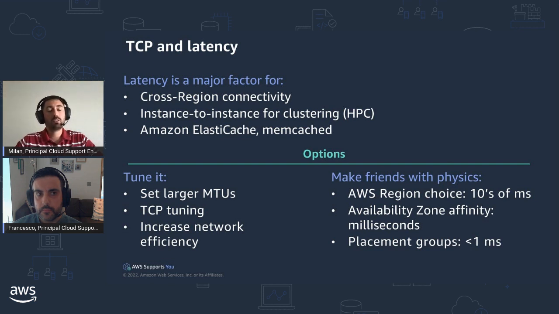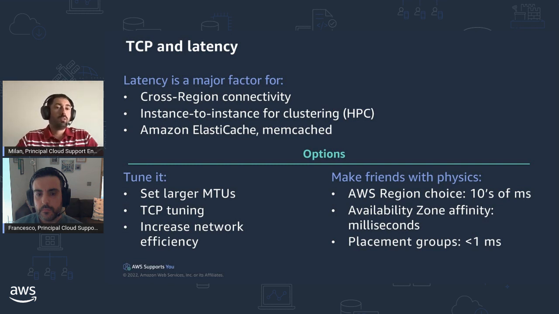But it's also very important when we talk about high performance computing and the placement of the different instances. How close are they to each other? Because when you have a highly distributed cluster that's processing a lot of data, if there is latency between the nodes, there is idle capacity that's not doing the unit of work which it could have done if it got all the required packets from the network to continue working.